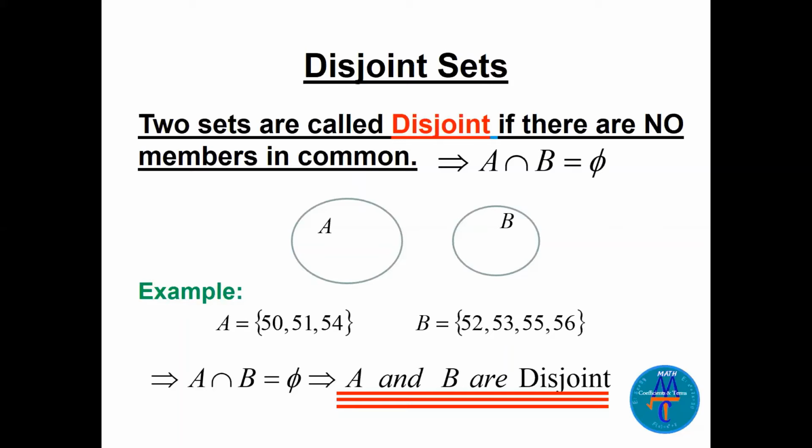So for example, we have set A: 50, 51, 54. Set B: 52, 53, 55, 56. If somebody says find A intersection B, just look at A and B. No intersection, so we write phi. That means if we ask what do we call these sets? Disjoint.